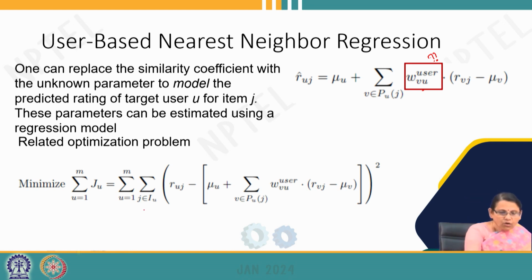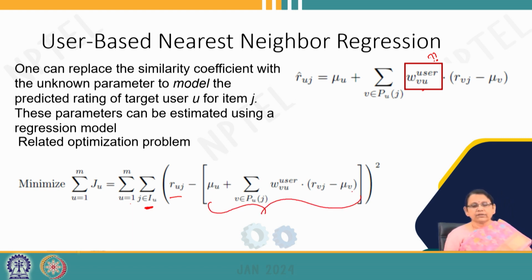So, for all the users from user 1 to m, for each rating which is rated by this person, we will be subtracting this known rating by its estimated value from the model that we have decided. Now, while doing so, the unknown will be this one. And we are minimizing the squared error.